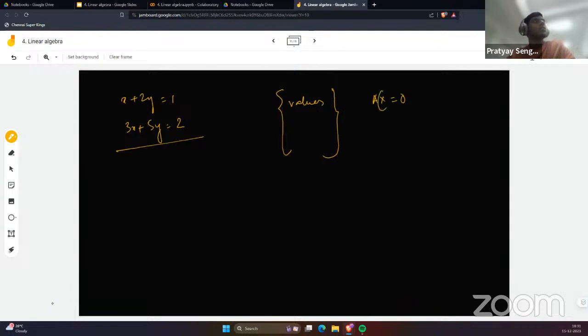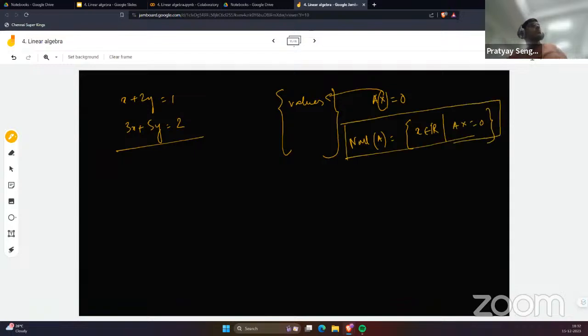So all such x's will be here, and that is your null space. Mathematically we can write: null of A is the set of all x belonging to R, such that Ax equals 0. So this is how we show mathematically what your null space is.